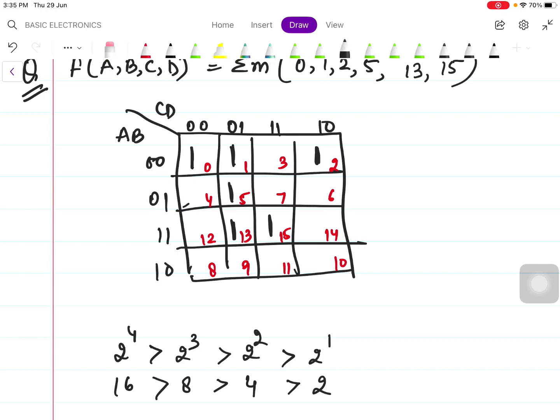Like we can combine 0 and 1. We can combine 1 and 5, 5 and 13. 13 and 15 also can be combined. And 2 can be combined with 1 according to the law that we have seen in the previous question, that even the corners can be combined. That means if we have corresponding ones in the corresponding corners, they can be combined.